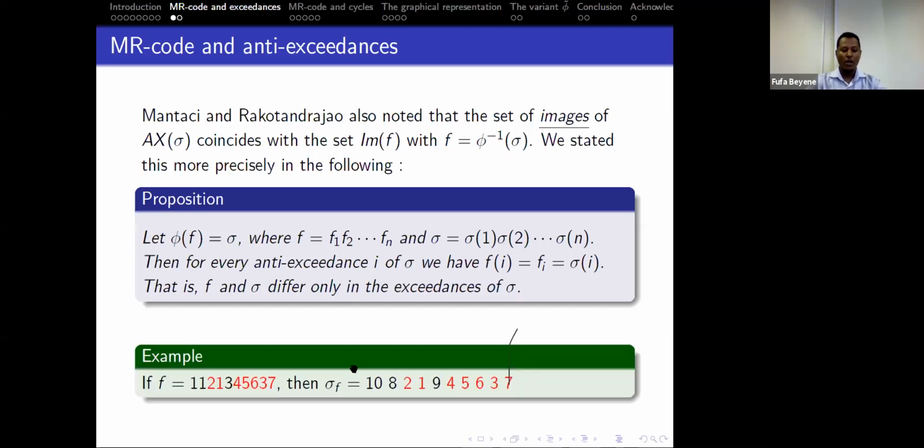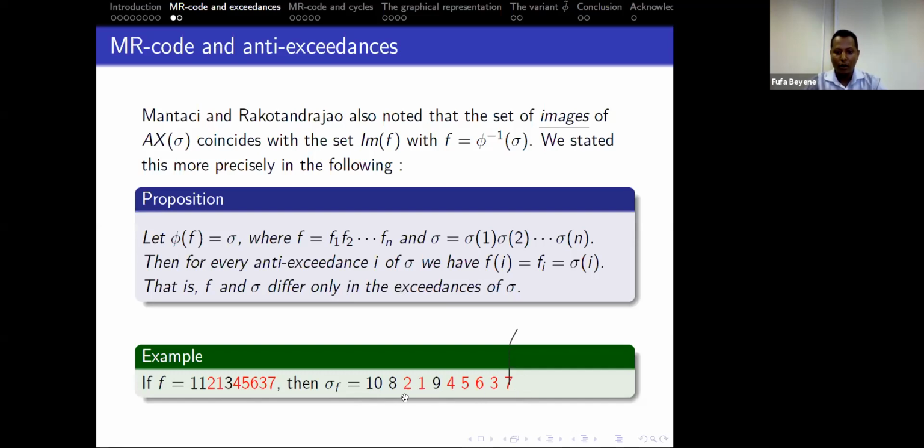You can take the following example. f is this one, and sigma, when calculated by using either the product of transpositions or the insertion method that I mentioned earlier, is this permutation over 10. And consider the anti-exceedances, which are the positions 3, 4, 6, 7, 8, 9, and 10.